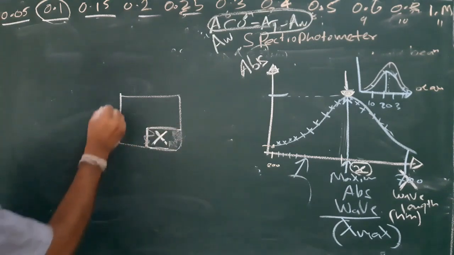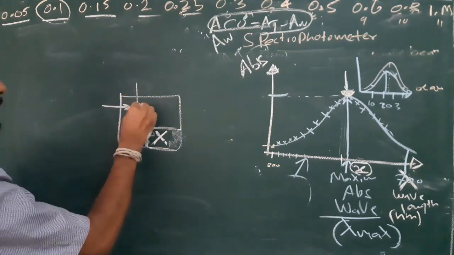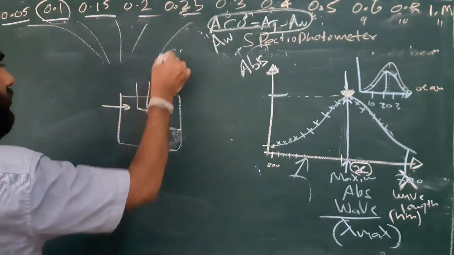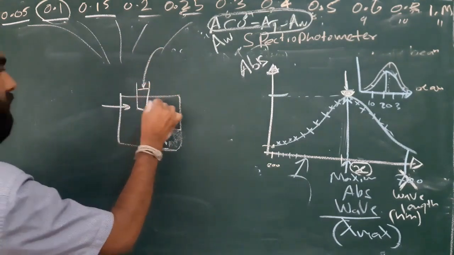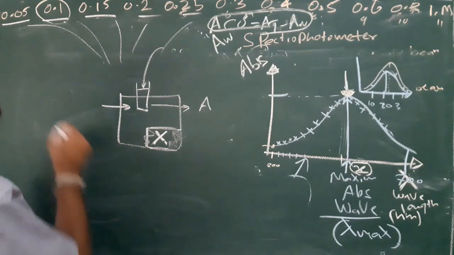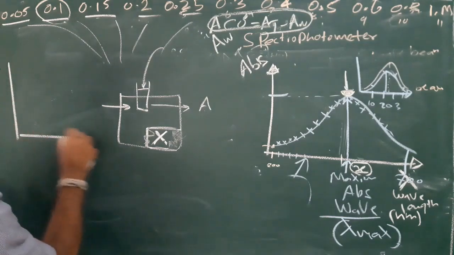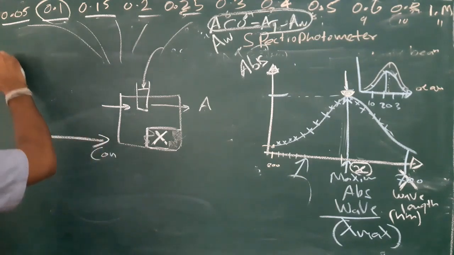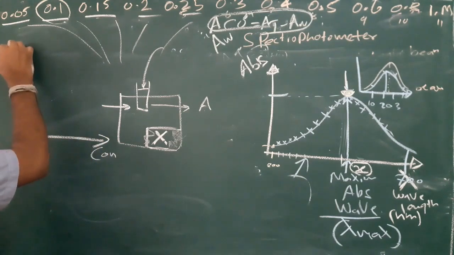Okay. Now I will introduce these 11 solutions, these 11 dilutions separately into this instrument. I will observe the absorbance value, and I will plot a graph. Here concentration, here absorbance.